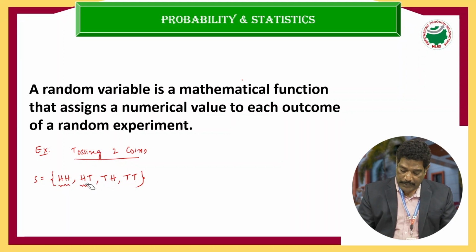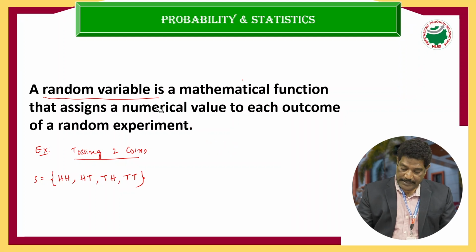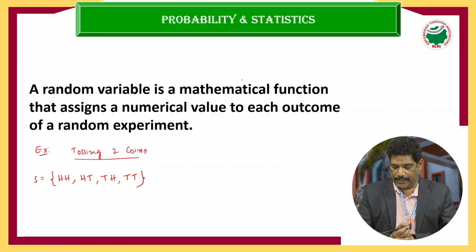So in this scenario, we are going to define a random variable. Generally, random variables are denoted by capital letters like X, capital Y. So, in this example, how are we going to define the random variable?